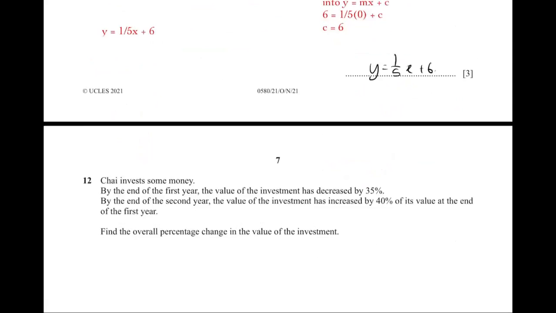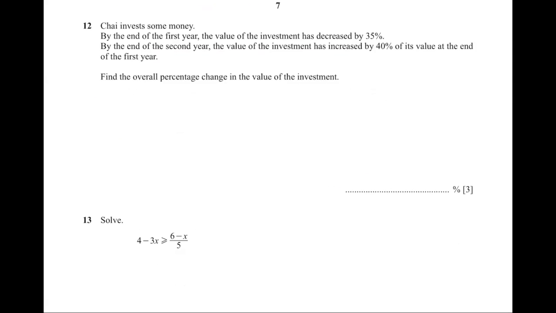Someone invests some money. By the end of the first year, the value of the investment has decreased by 35%. By the end of the second year, the value has increased by 40% of the value at the end of the first year. So here you have no numbers to use. What I would normally suggest is that you take 100, or 10, or 1, whatever, as long as you're happy with it.